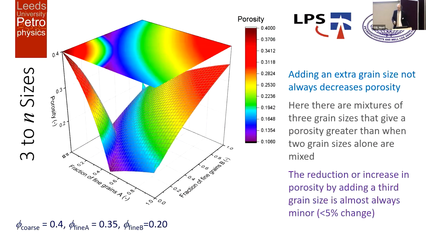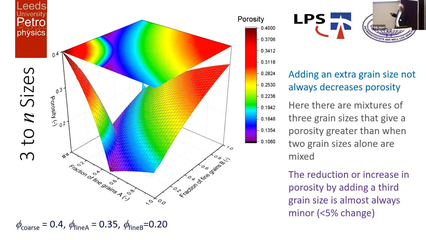So this is a 3 grain size solution, and here we have the porosity on the z-axis, and the x and the y-axis, if you like, are the fraction of grains which are finer than the coarsest grain in the 3 grain mixture, but they're the different sizes of them.